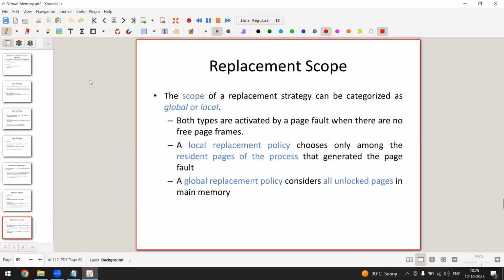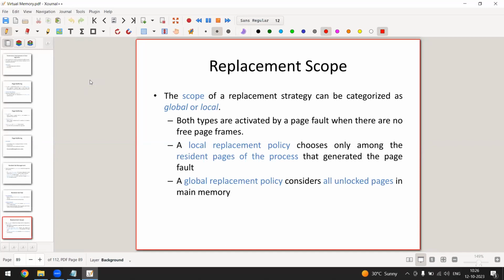Along with this, you have the scope of replacement. The scope of replacement can be global or local.